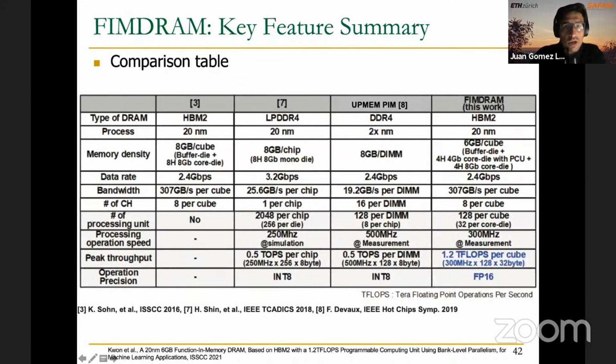And here you can find a comparison. It's a kind of a key feature summary and a comparison table from one of their papers. They compared to other processing in memory systems, including the PIM processing in memory system. I don't think that this is a, let's say, rigorous comparison table. I just wanted to have this table here because it comes from the paper. But I don't think that we can compare these two architectures directly.